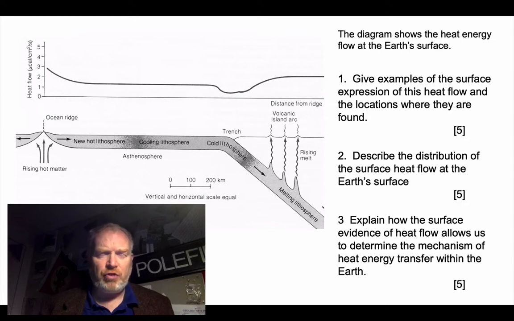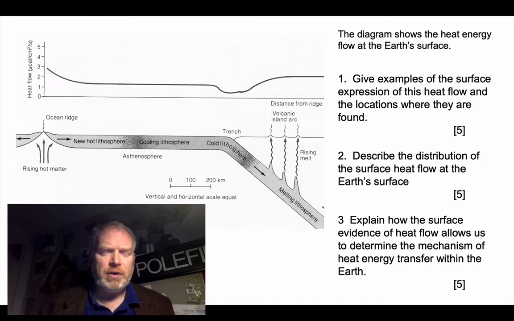We have a cross-section through the plate tectonic model, looking at a divergent and convergent margin, where we get a mid-ocean ridge with its associated volcanic activity and a subduction zone, again with some volcanic activity.